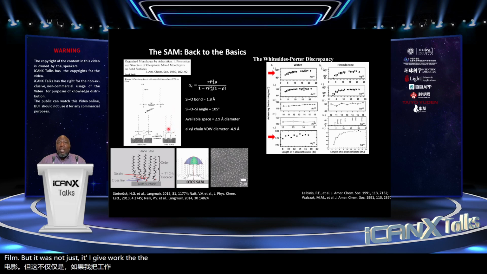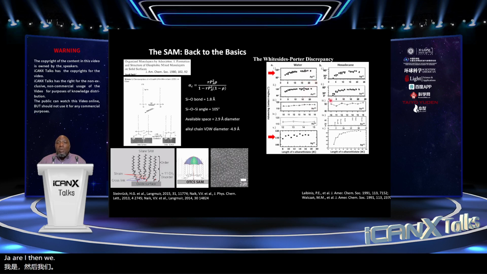The initial work in the 90s on the characterization of the wetting properties of the monolayer, the data was all over the place. You start with the work by Whitesides and Porter, and you see Whitesides says the contact angle increases in an exponential manner as you go to longer and longer chain lengths.